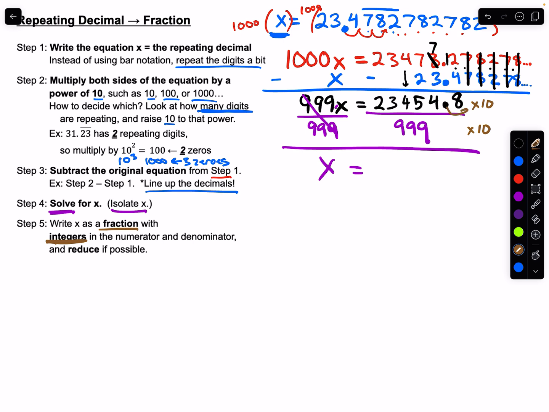So if we move this over, and then we're also going to have to multiply this decimal place, move it over by 1 when we multiply by 10. So I'm going to get 2, 3, 4, 5, 4, 8 divided by 9,990. And that is going to be a fabulous answer. The last step is to reduce, if possible.